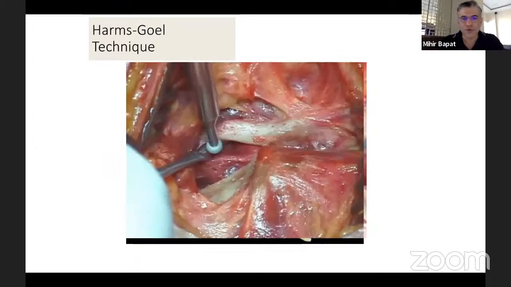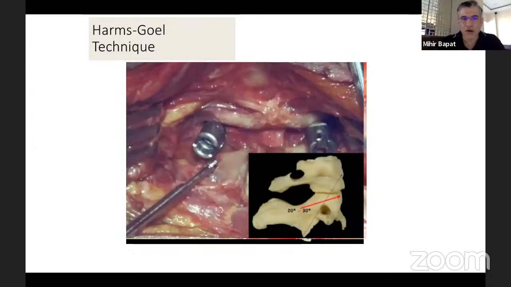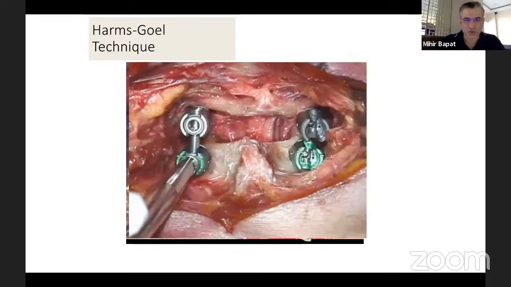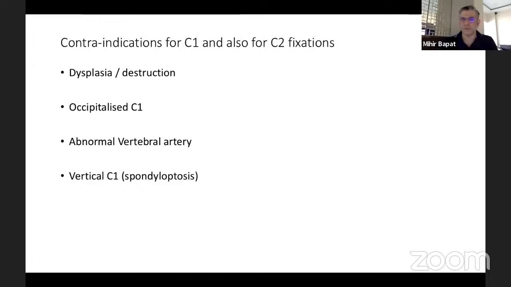And you have to put a screw that stops short of your anterior tubercle of the C1. So this is the way the bilateral C1 screws are going to go. And then you couple them with a pars screw below to give you what we call the Goel Harms Lahiri technique. It's one of the best ways of controlling the C1 C2 complex.